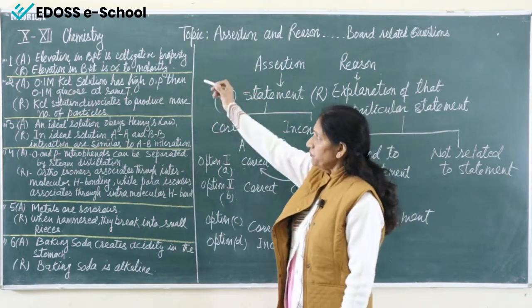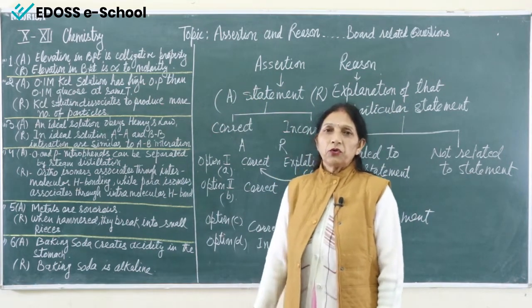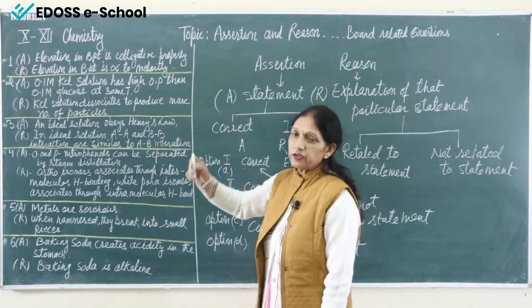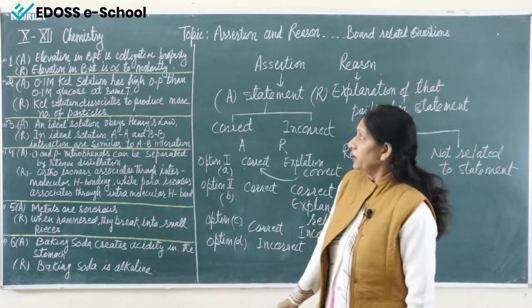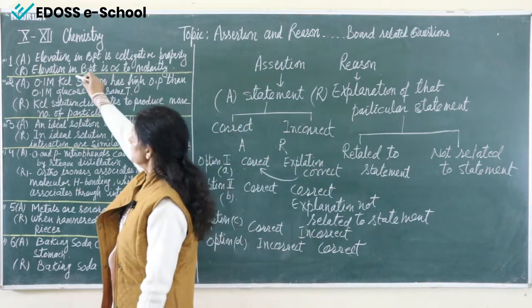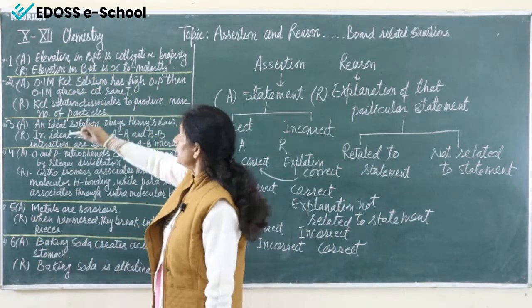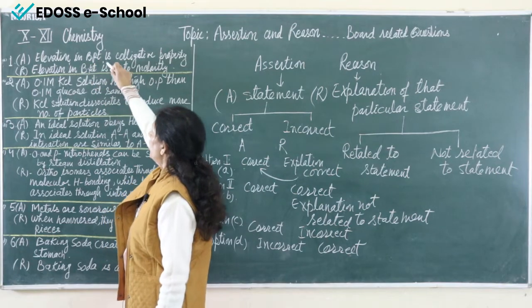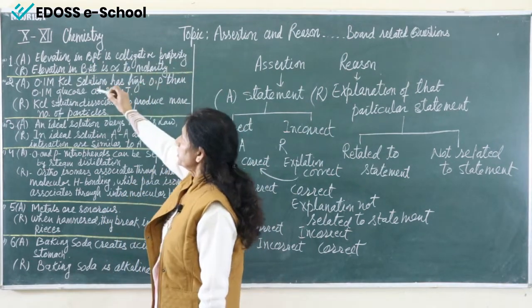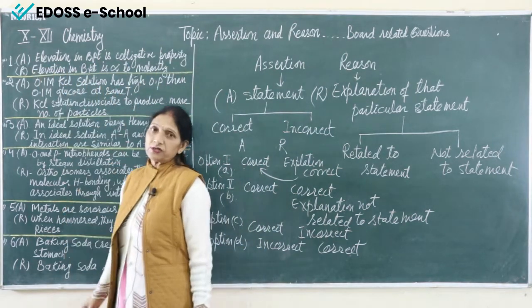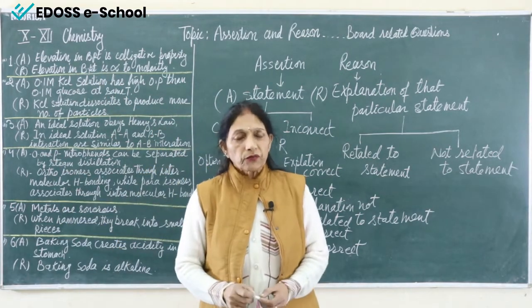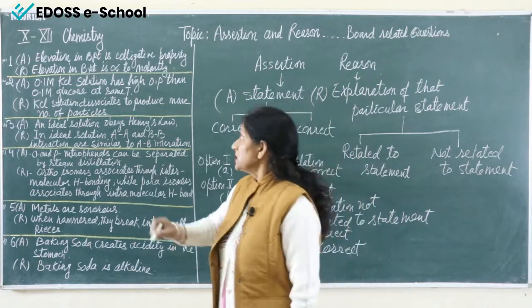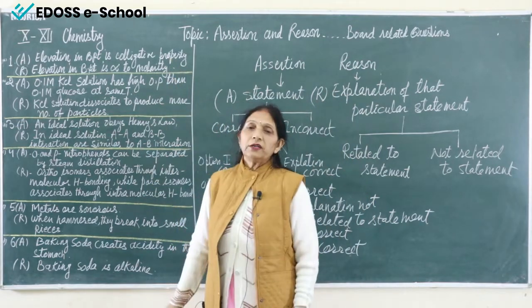Okay, now there are a few questions I have written on the board, and according to these questions we will decide which option we should tick. The first question is, here you can see, elevation in boiling point is a colligative property. This is the assertion, A means assertion. First of all, try to understand which chapter this assertion and reason is related to.